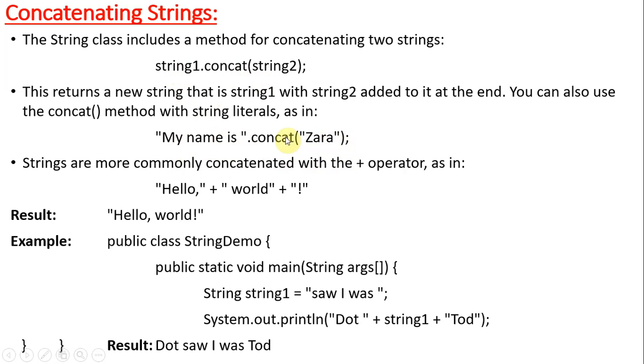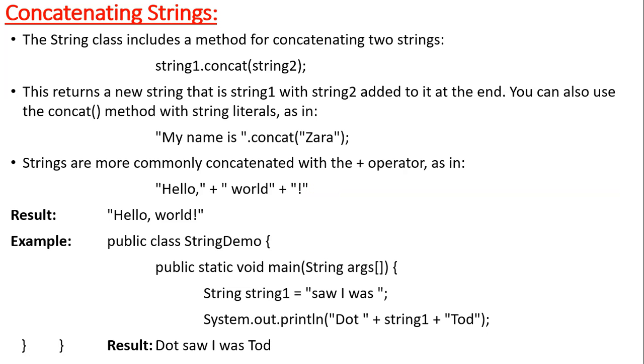So that is another way to concatenate strings. We have another option also, that is by using the plus operator. Here we can call it operator overloading. In general plus is an arithmetic operator, but here it can be used to concatenate strings also. That's why this concept is called operator overloading.